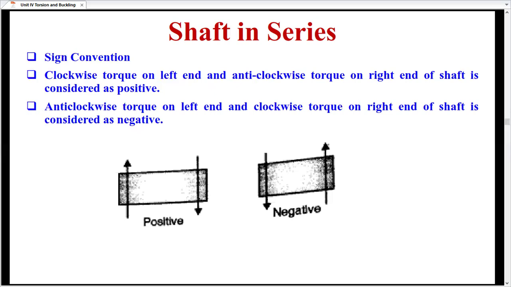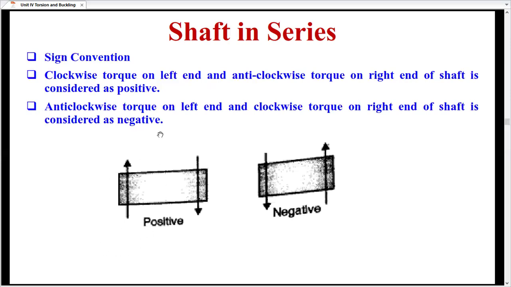When it is towards the axis, it will be positive. So clockwise torque on the left hand and anti-clockwise torque on the right hand, then the shaft is considered positive. And anti-clockwise torque on the left hand and clockwise torque on the right hand, then that shaft is considered negative. So these are the directions of rotation they have considered.